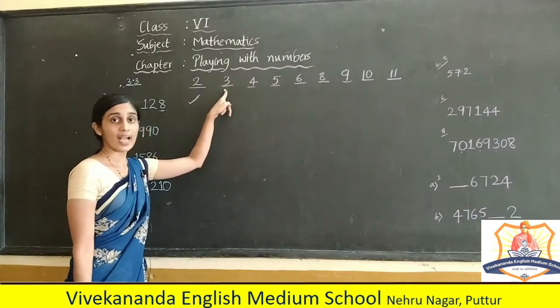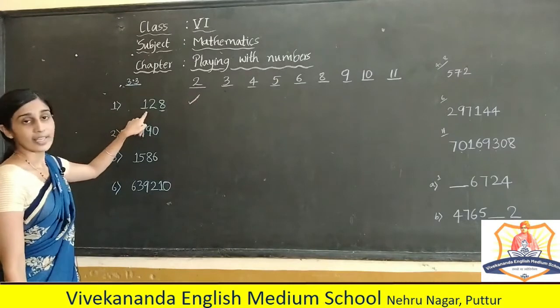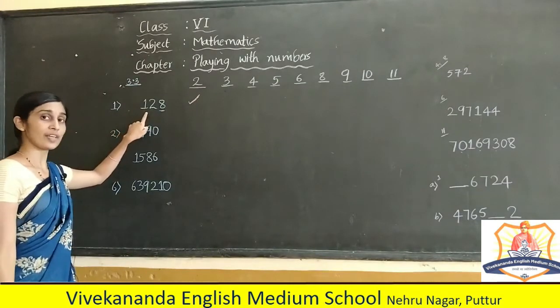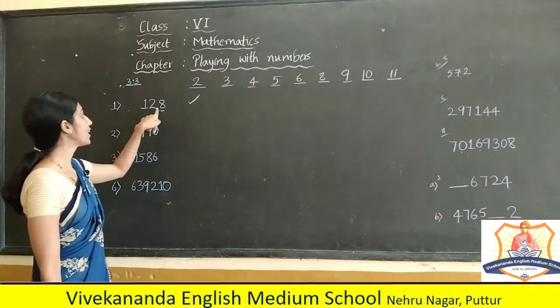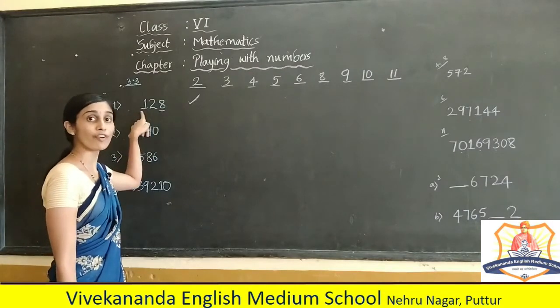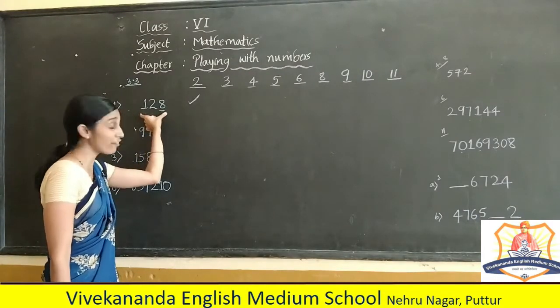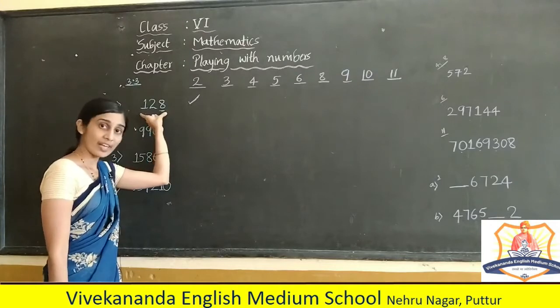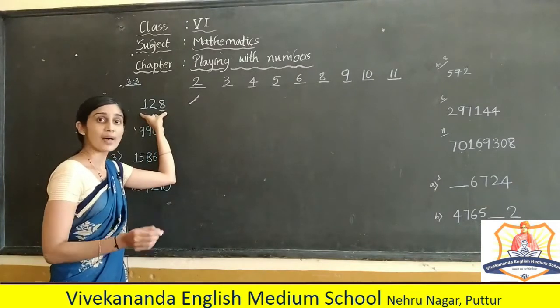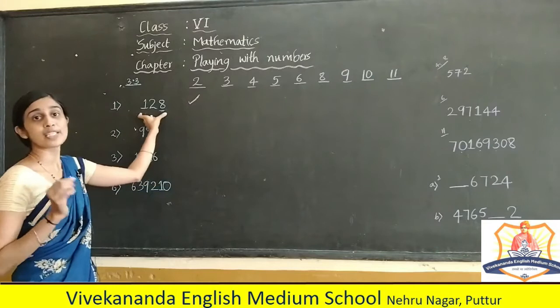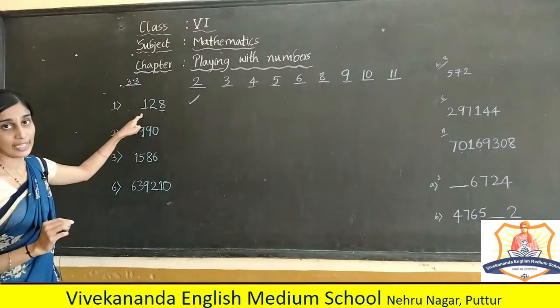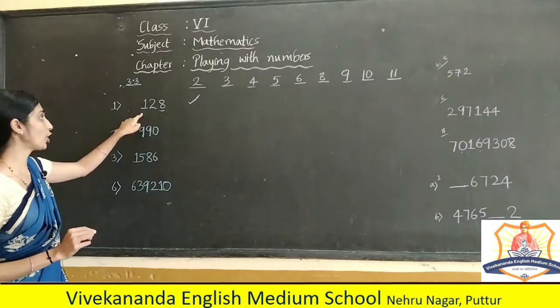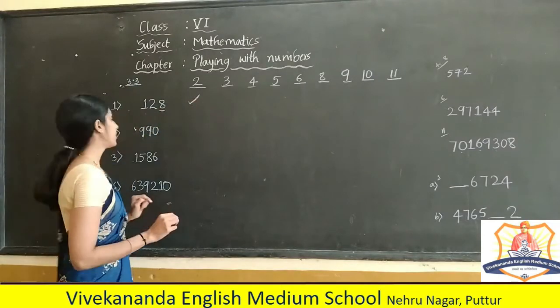Next, divisibility by 3. How to check this? Recall it once. The sum of all the digits in a given number, if we add them, the sum should be divisible by 3 completely. That is the criteria to check divisibility by 3, right?